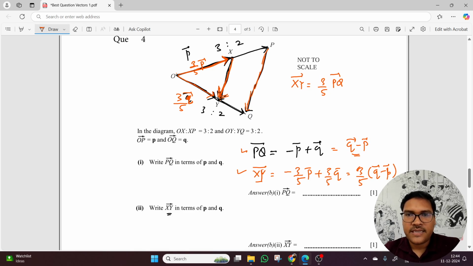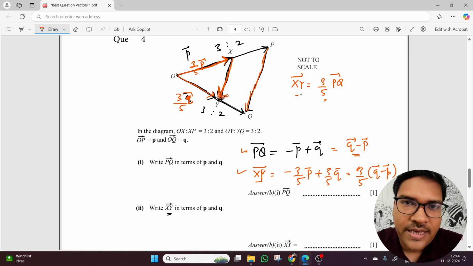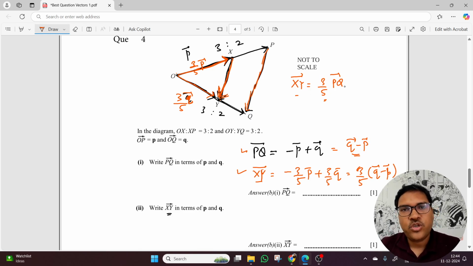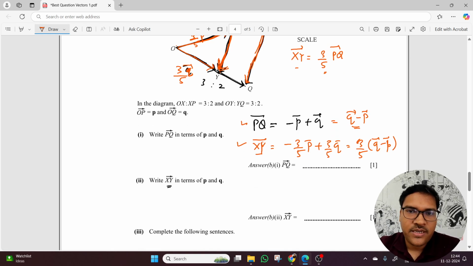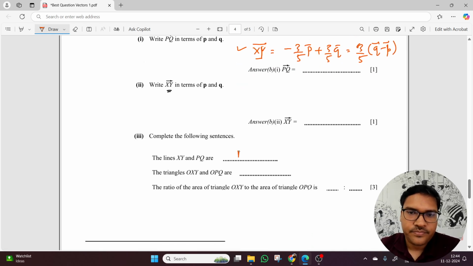That means the directions will be same, and the ratio of their magnitudes is such that the magnitude of XY vector will be 3/5 of PQ vector. So if their directions are same, you can see they are parallel. That means XY and PQ are parallel.